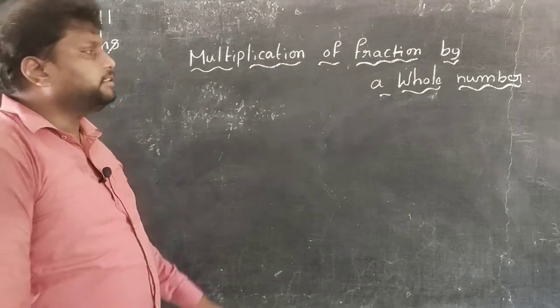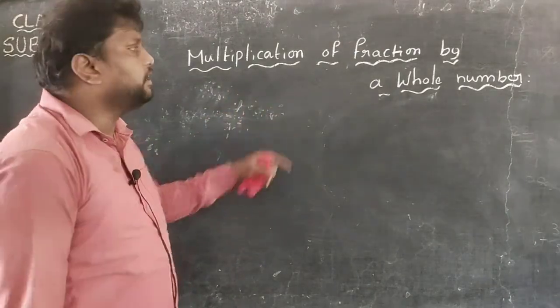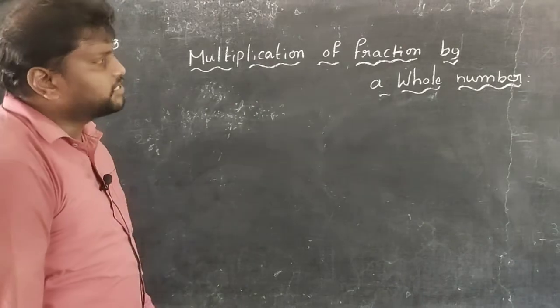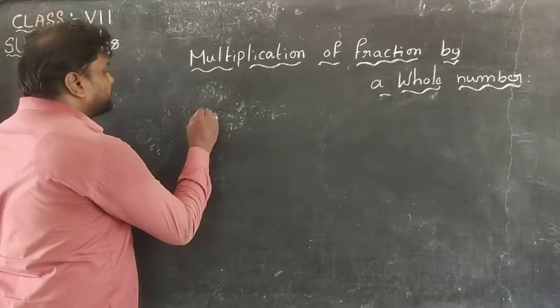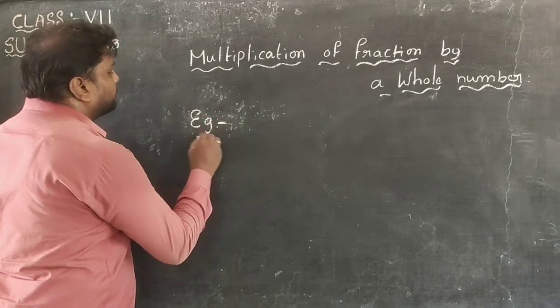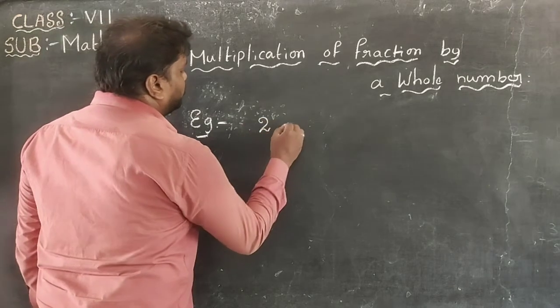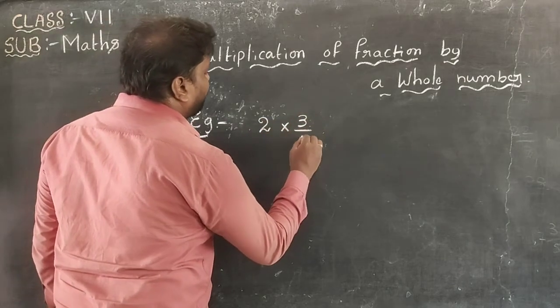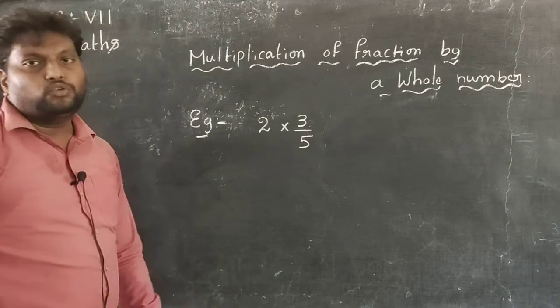Now we completed the product of two fractions. Now multiplication of a fraction by a whole number. For example, 2 into 3 by 5.